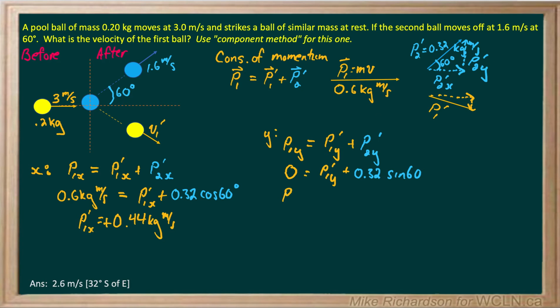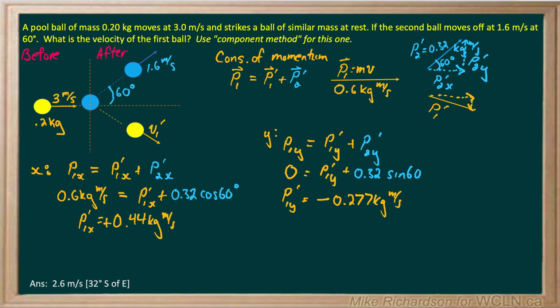So I'm going to end up getting P1y prime is negative, when I bring this to the other side, negative 0.32 sine 60, which gives me negative 0.277 kilogram meters per second.